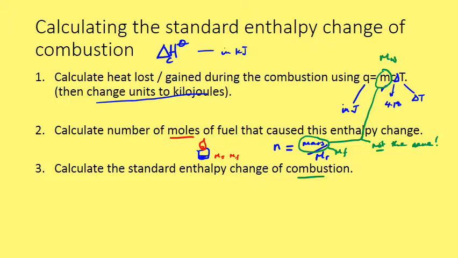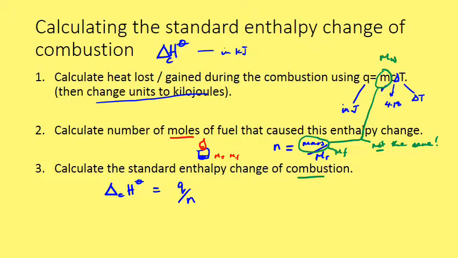But we want the standard enthalpy change of burning 1 mole of it for step 3. And that is provided by the following equation. We've got our enthalpy change of combustion, standard pressure, and that is going to be our Q from step 1 divided by our n from step 2.